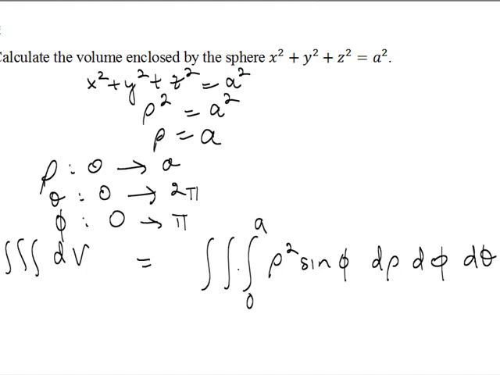Rho goes from 0 to a. I'll put what I gave you, d theta d phi. It doesn't matter because the limits are all constants. So theta goes from 0 to 2 pi, phi 0 to pi.